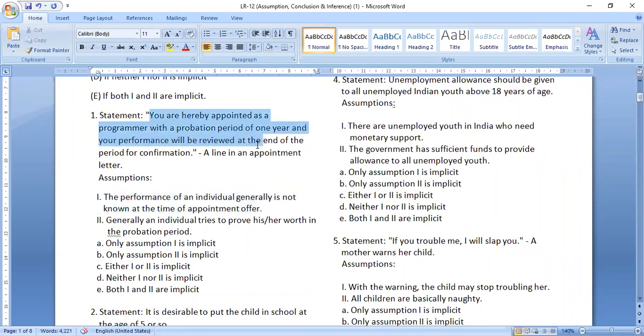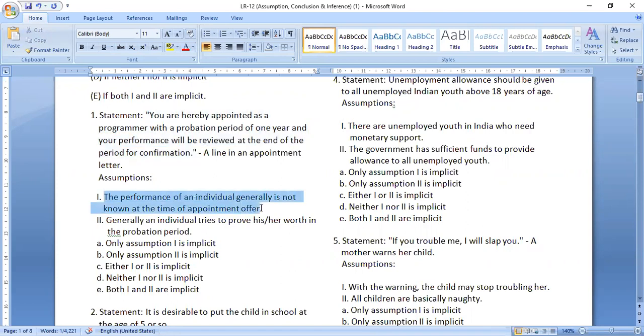So you are hereby appointed as a programmer with the probation period of 1 year, and your performance will be reviewed at the end of the period for confirmation. So from this we can infer that probation is a way of assessing the programmer's ability. If this had not been the case, then the statement would not have been made. So now we look at the first assumption.